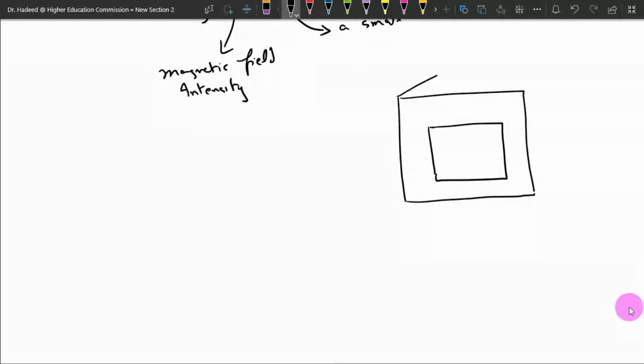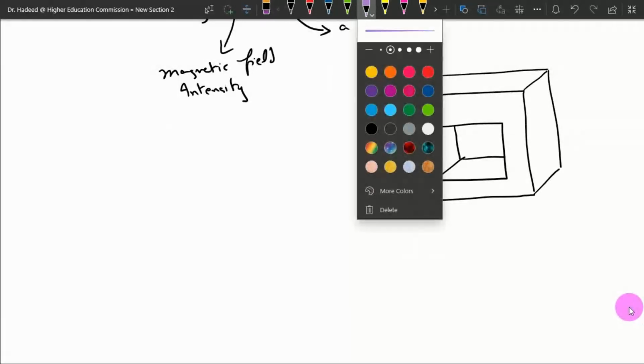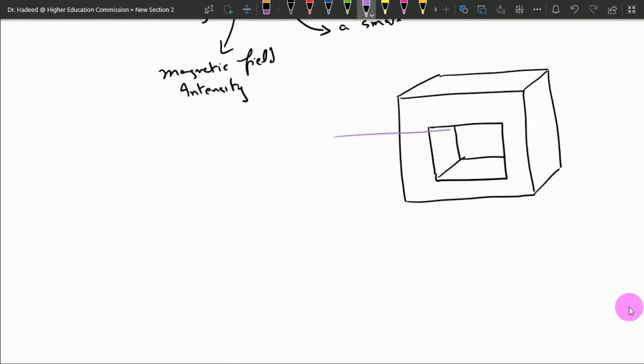So, we have this particular core. In this core, let us say that we have some wires wrapped over it, something like this.